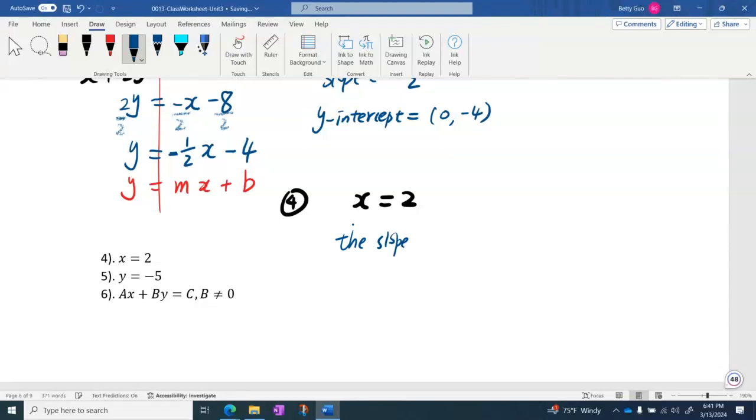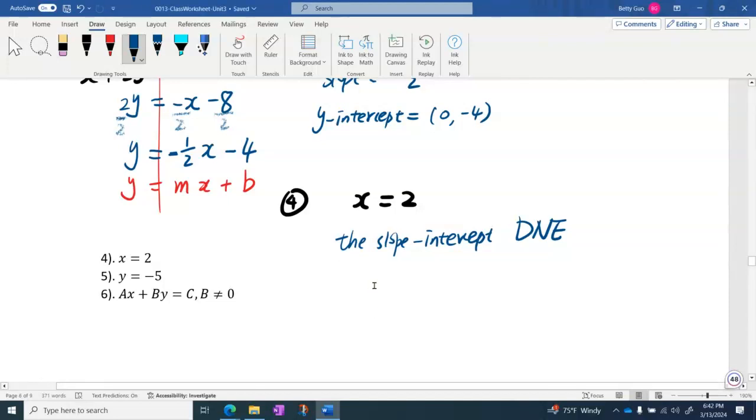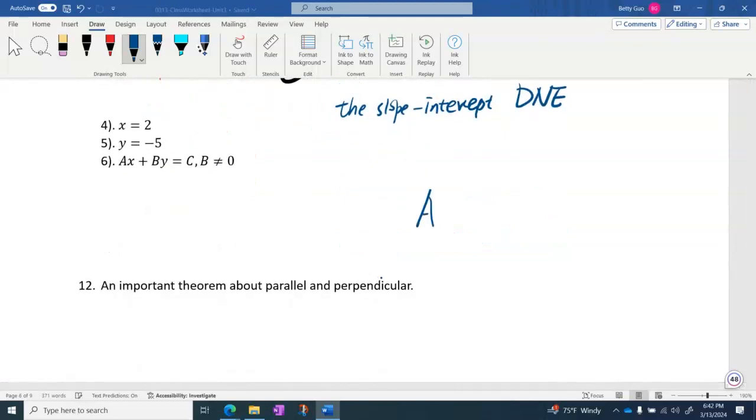We cannot write y by itself on the left side. It doesn't even have a y, right? Okay, and that answers the question from earlier, when I said we have 2 formats. One is the standard form, the other is the slope-intercept form, right?